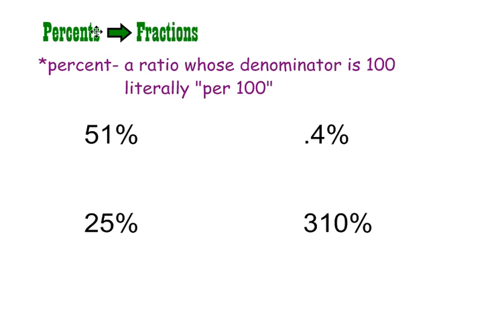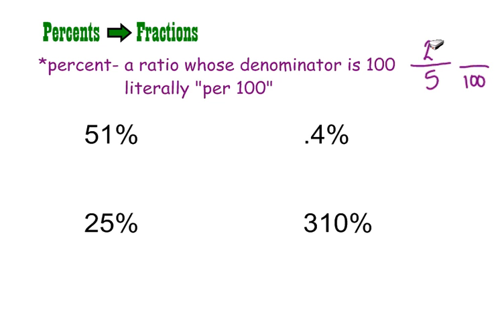So our first section of notes is changing percents into fractions, and here we have a definition of percent. Percent is a ratio, and you guys remember ratios can be written three ways, one of which is a fraction, maybe like this. So a ratio whose denominator is 100. So this is a ratio, but not necessarily a percent, because a percent would have 100 on the bottom.